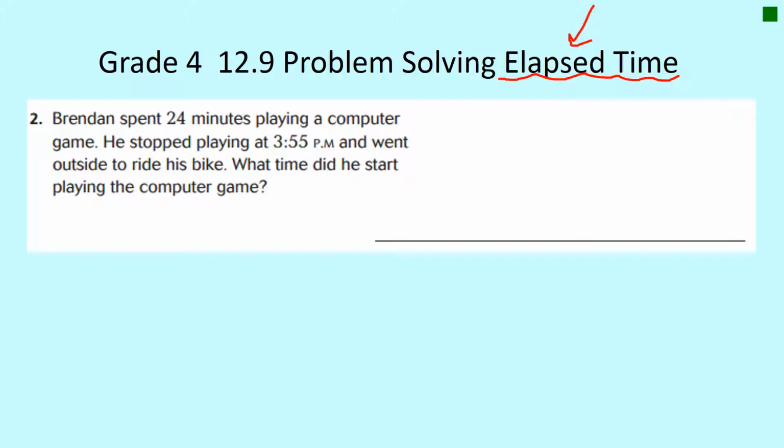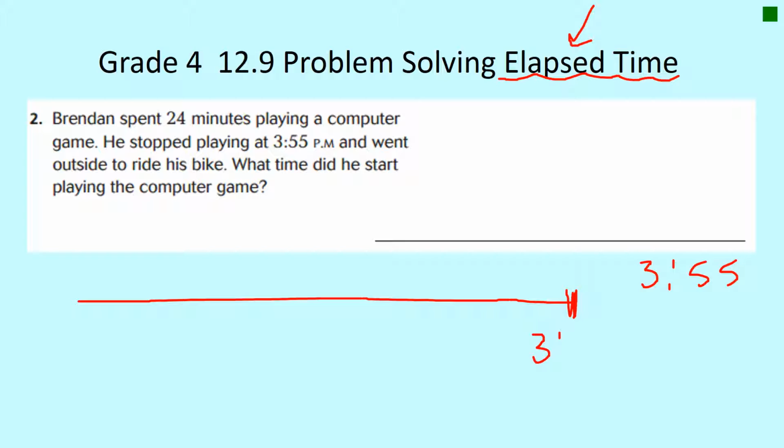I like to use an open number line for these because sometimes you can just subtract, but sometimes you can't. The reason I said subtract for this one is that the 24 minutes passed before 3:55.